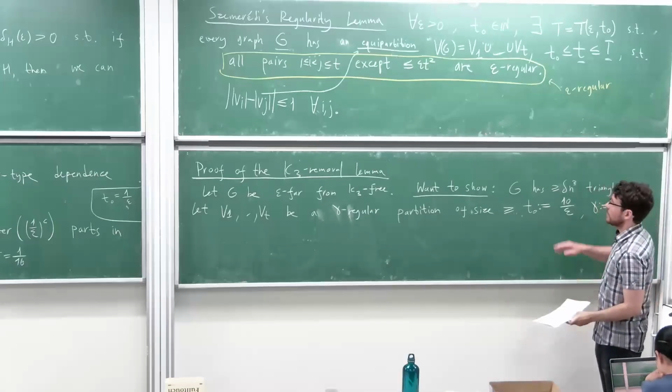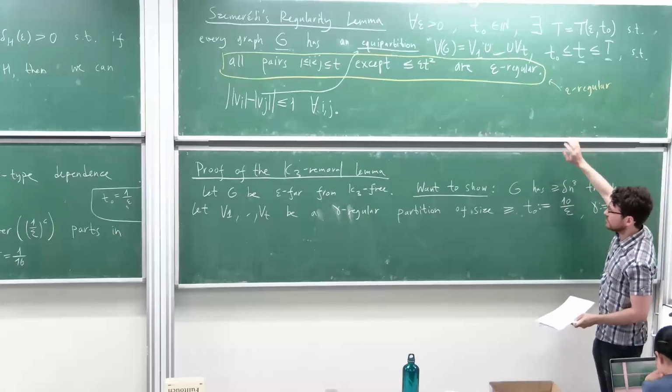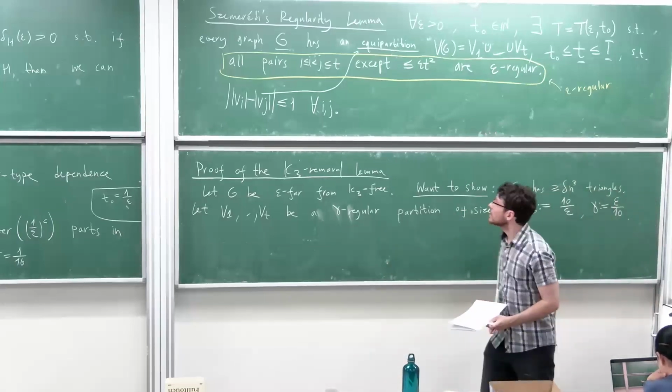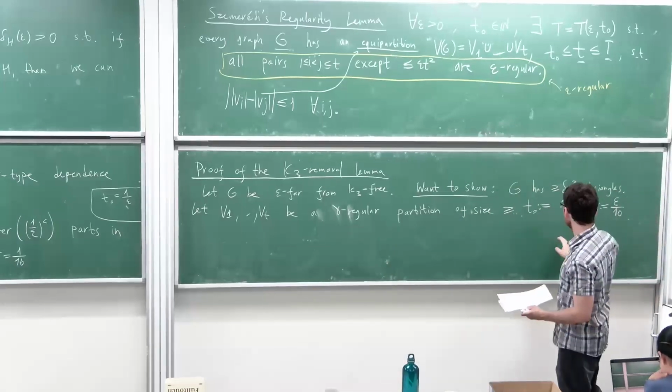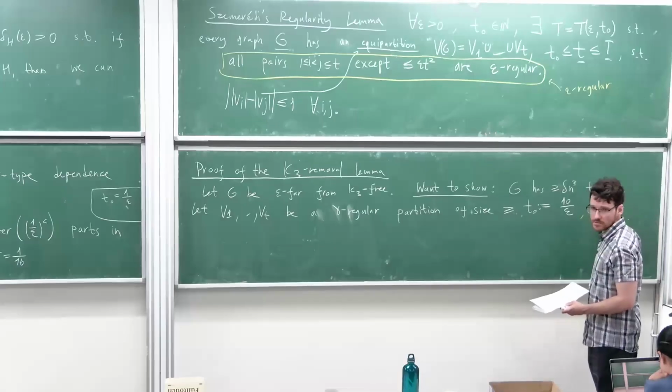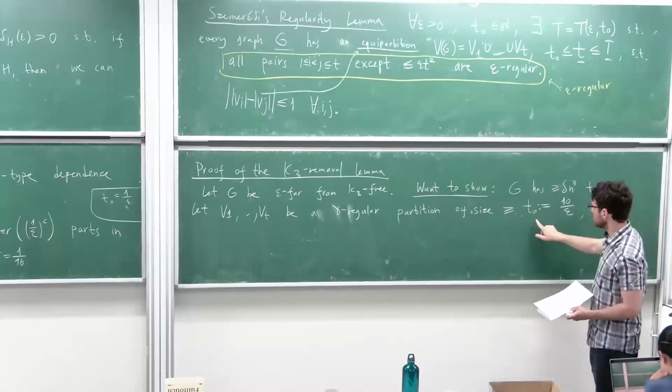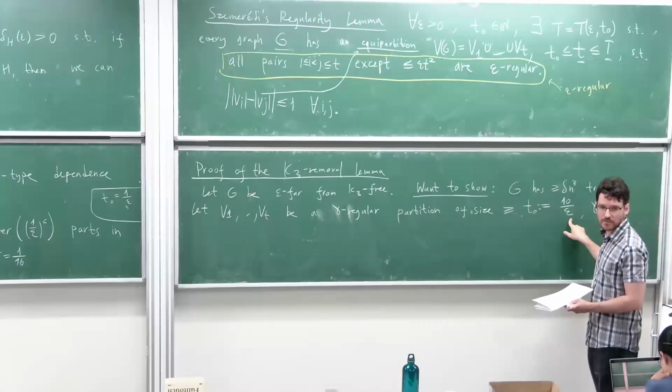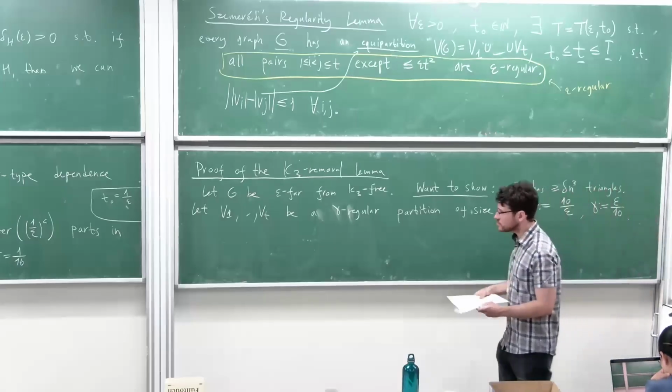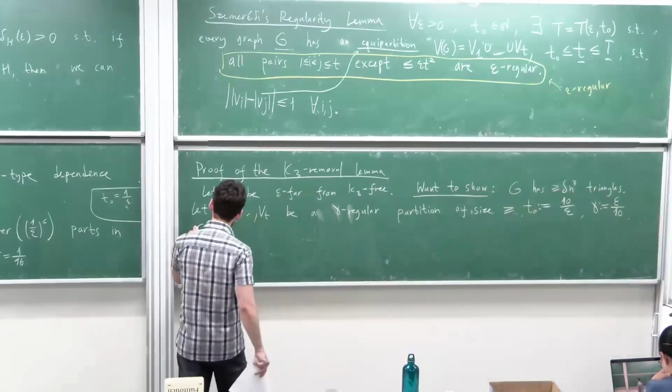So I apply the regularity lemma with parameter gamma and with parameter T0, and I choose gamma to be epsilon over 10. Okay, so now I have this partition, and now I'm going to clean the graph.